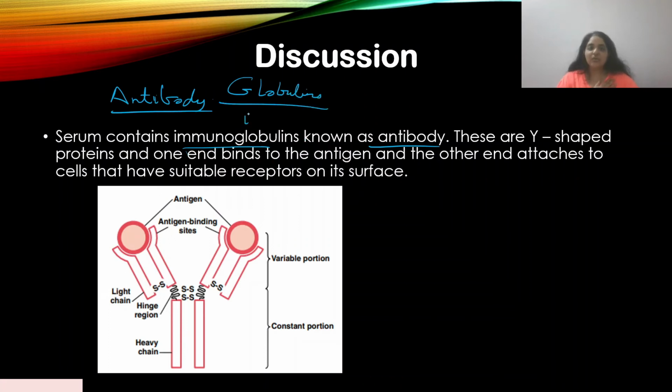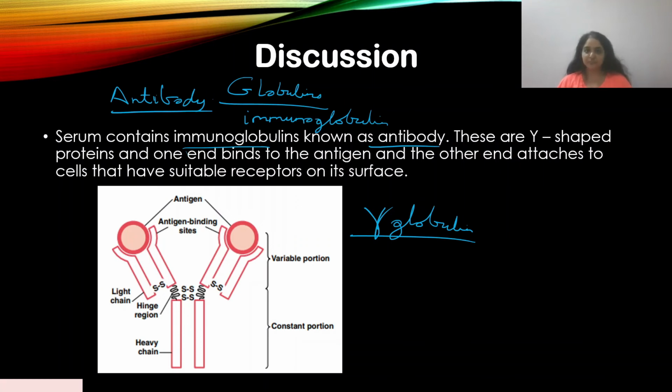So antibodies are known as immunoglobulins. Which kind of immunoglobulin? They are gamma globulin. If you see the term gamma globulin, you should know that they are talking about antibodies. Please don't get confused: gamma globulin means antibodies.